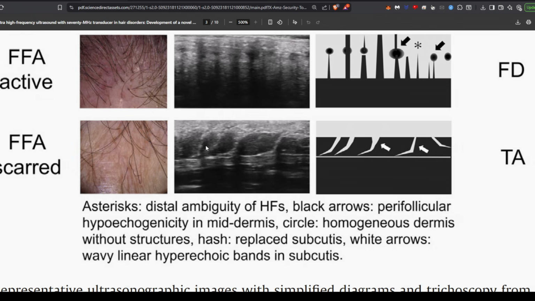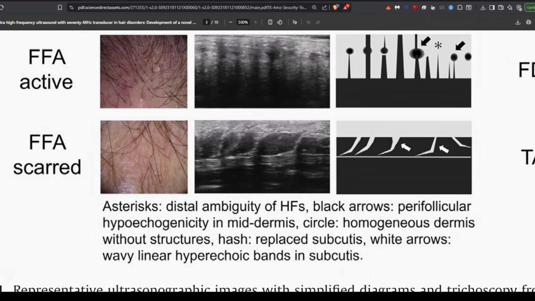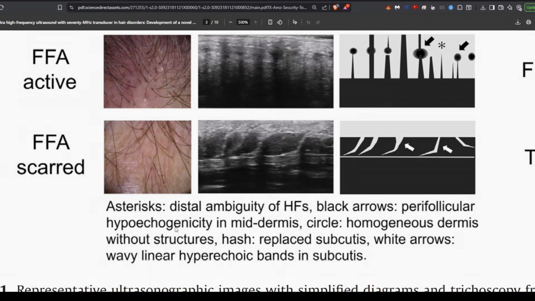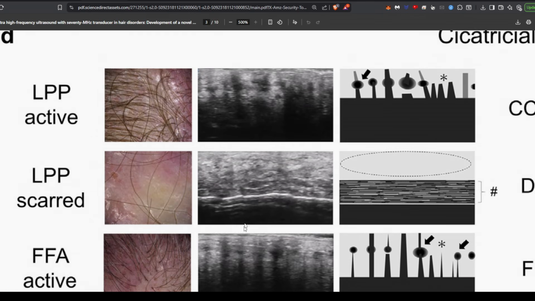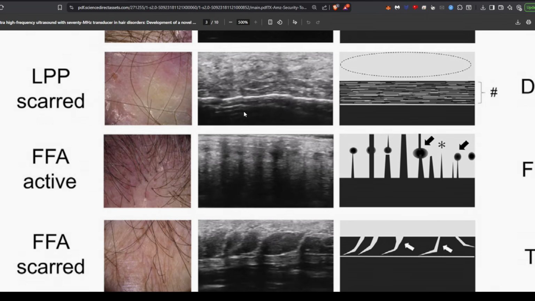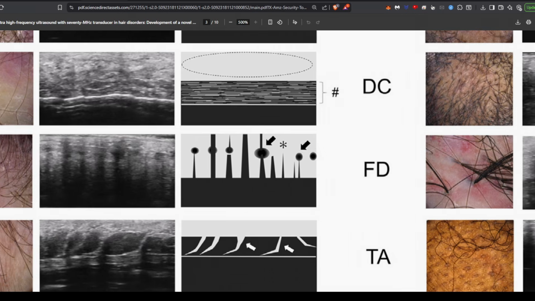So it's less destructive in that regard. So possibly, if the disease has been arrested, you probably could get a hair transplant, and it would probably fare better in frontal fibrosing alopecia than it would with Lichen planopilaris, because with Lichen planopilaris, the fibrosis is just way too severe for probably anything to take hold. So that's something to take into account.